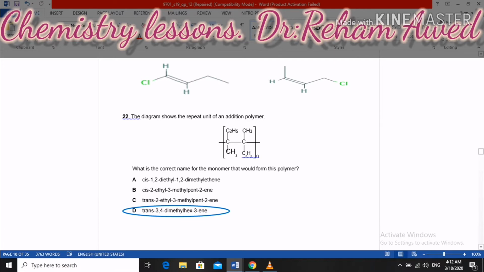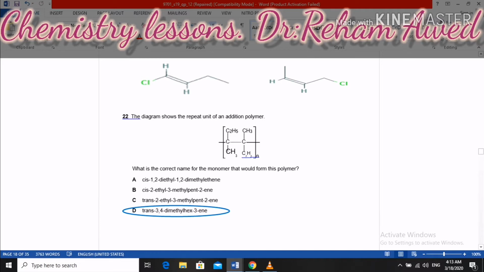At first, we are looking for the compound name, and our compound is an alkene. So our functional group is alkene. Then we are looking for the longest continuous carbon chain. 1, 2, 3, 4, 5, 6. If we change, we will have 1, 2, 3, 4. So it is a shorter carbon chain.